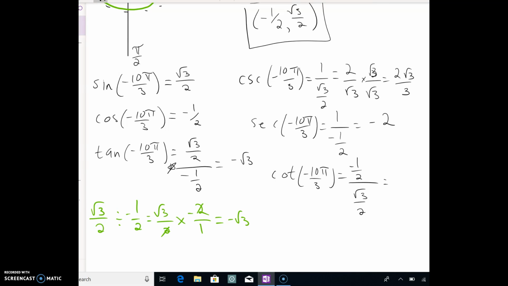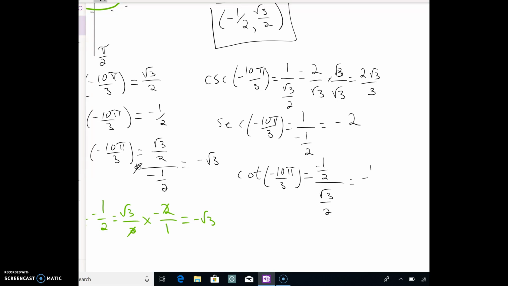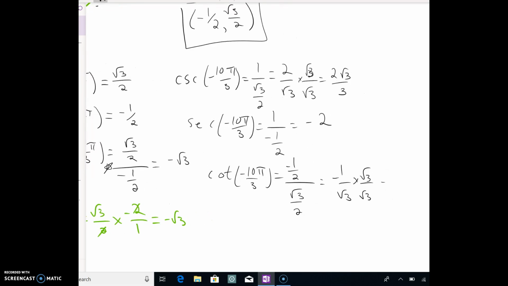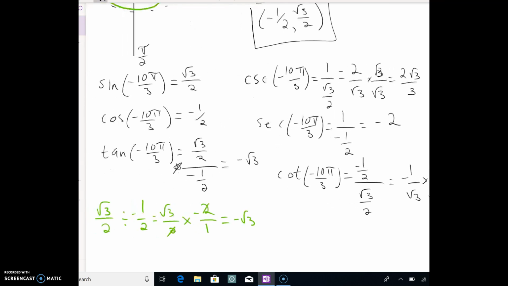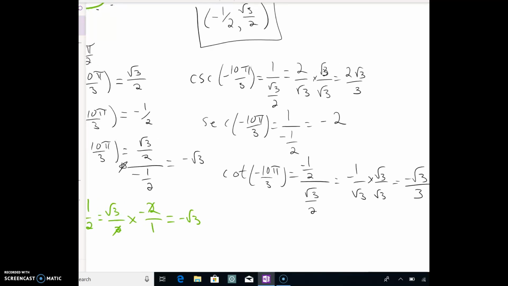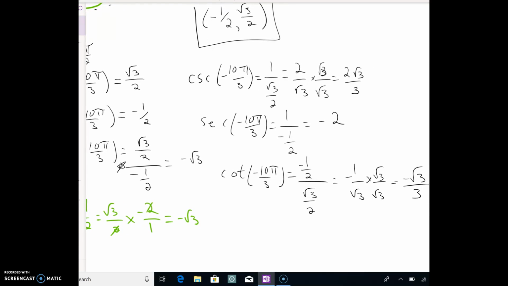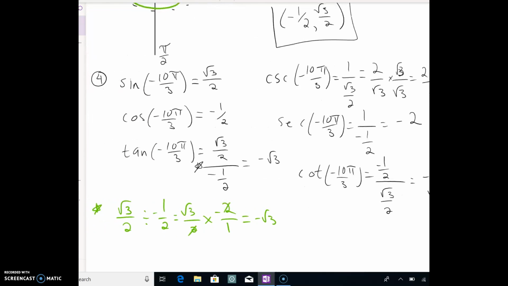So initially we get negative 1 over the square root of 3, multiply the numerator and denominator by the square root of 3 over the square root of 3, and that gives us negative square root of 3 over 3 as the cotangent. Okay, so here are our 6 trigonometric values of negative 10 pi over 3.